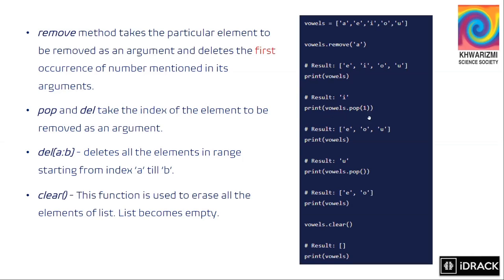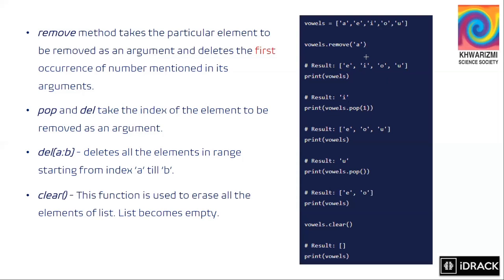So they've combined both of them here, and they're saying they want to take out whatever element is at index 1. Again, I would like to remind you that indexing starts at 0. So E is at index 0, I is at index 1, O is at 2, and U is at 3. So when you said vowels.pop(1), it took out what was at index 1, which is an I.